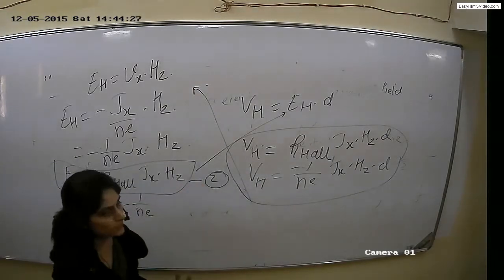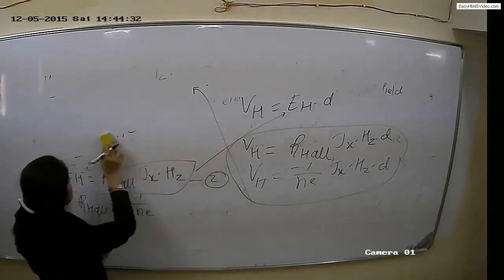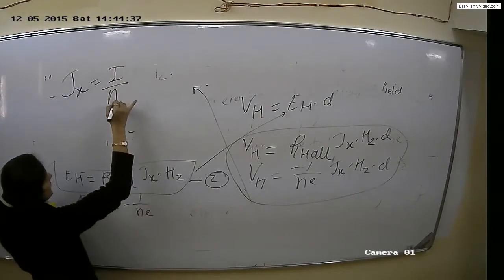Now we can derive a further relation. Current density is also given by current per unit area.